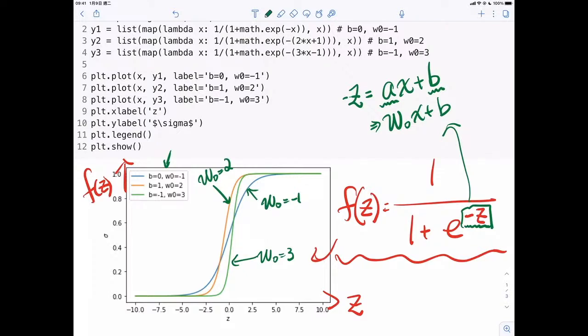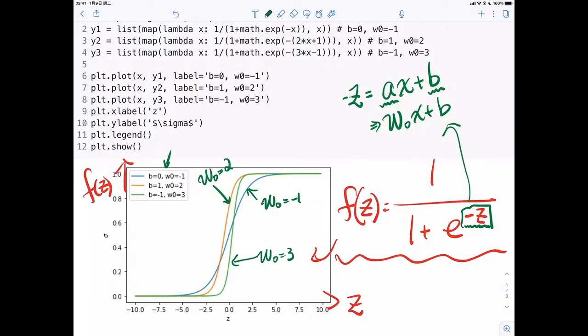The value of a controls the speed of the drop from 1 to 0. B is the turning point: if you adjust the value of b, you change the turning point of this slope. So b and a together determine the speed of the drop and the position of the turning point.